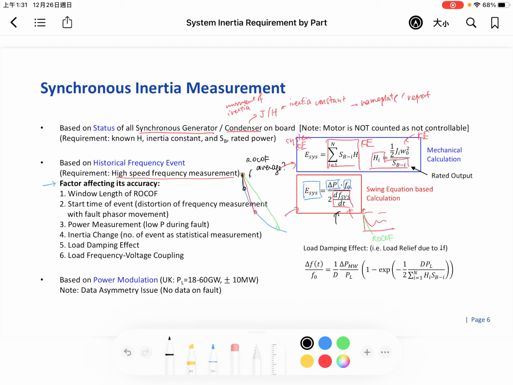The second one is about the start time of the event. You know frequency is actually fluctuating. Should we choose the time here or should we choose the time here? No one knows. And actually during the system disturbance, there are some kinds of frequency distortions.